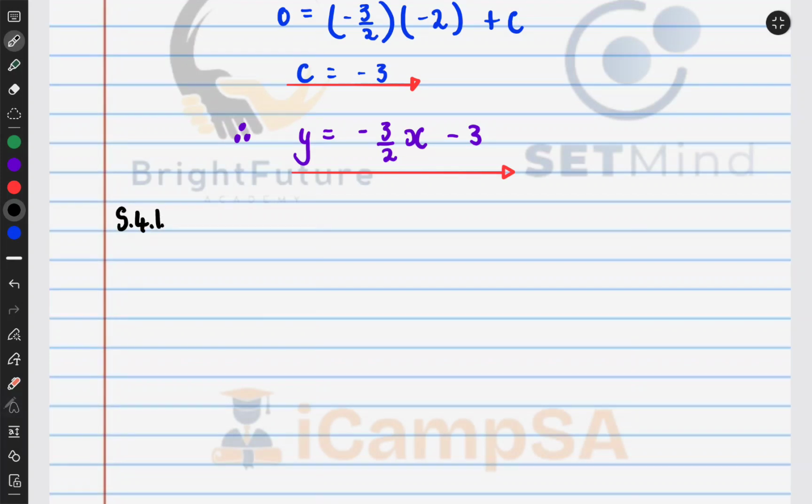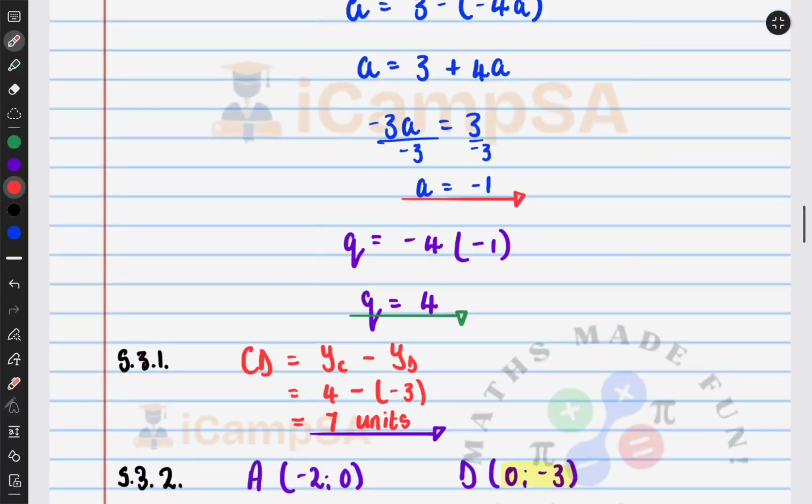We say where x is greater than negative 2 but less than 2. For all those values, that is where the function f of x will be greater than 0.